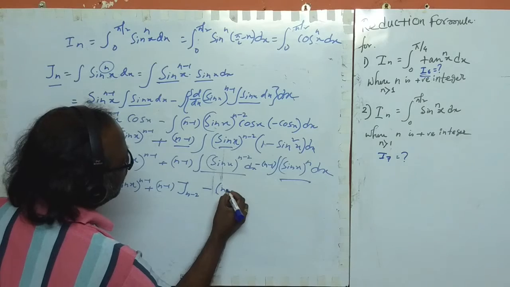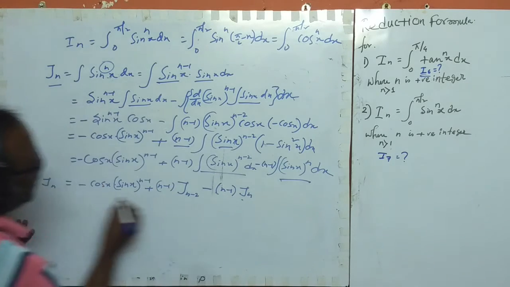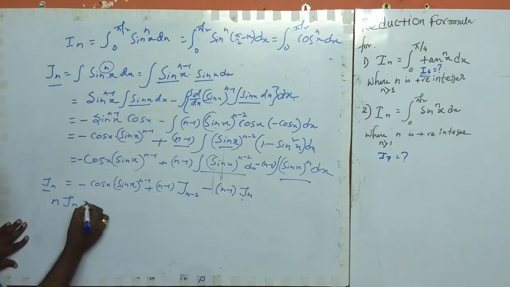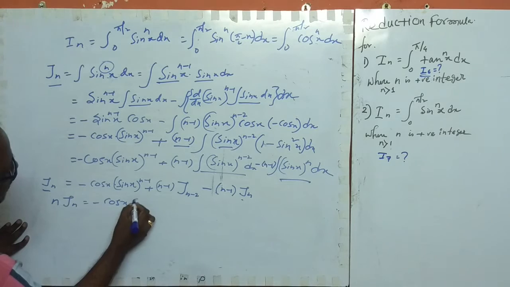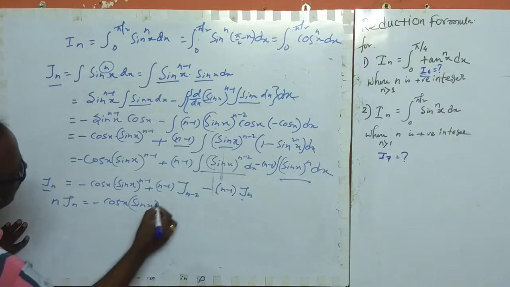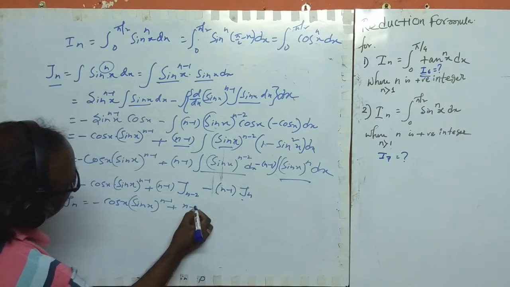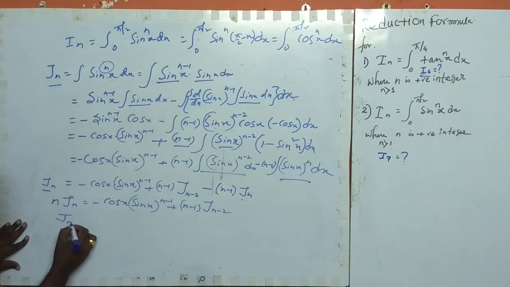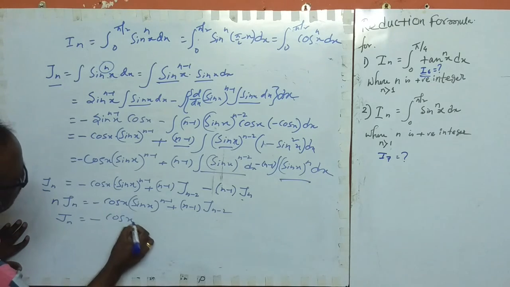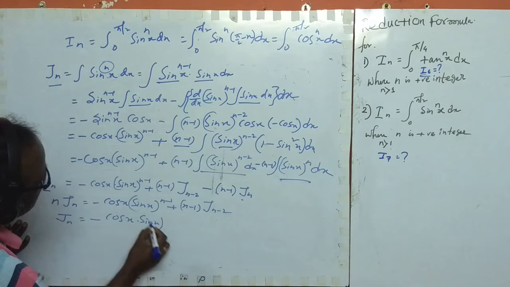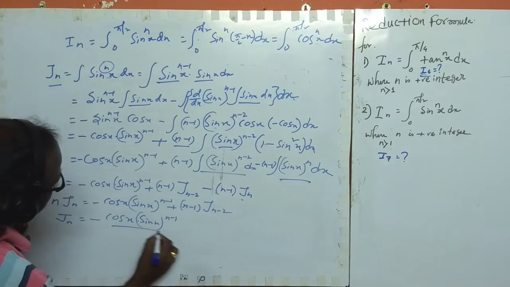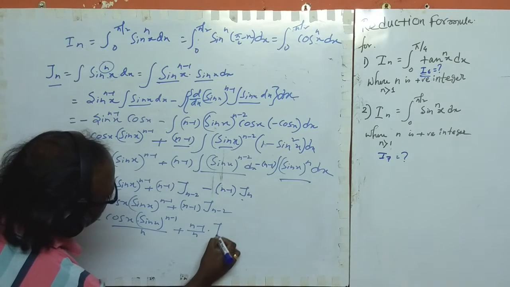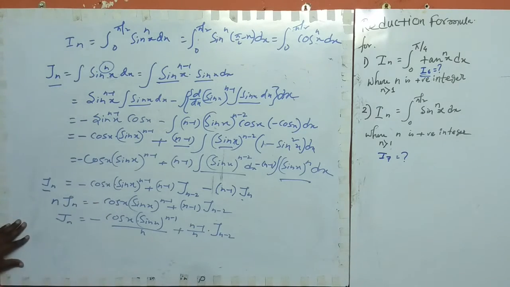So this is n minus 1 into Jn, and transferring Jn to the left hand side, n Jn is minus cos x sin x to the power n minus 1 plus n minus 1 Jn minus 2, divided by n. So this is the reduction formula without limit: n minus 1 by n and Jn minus 2 here also.